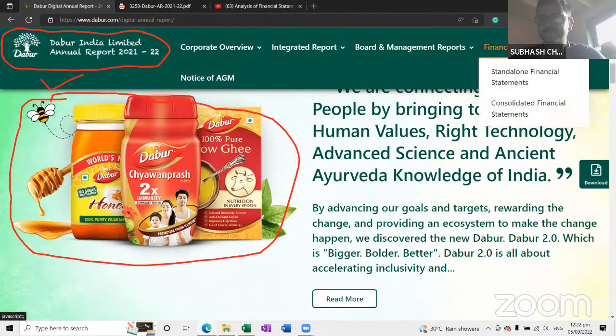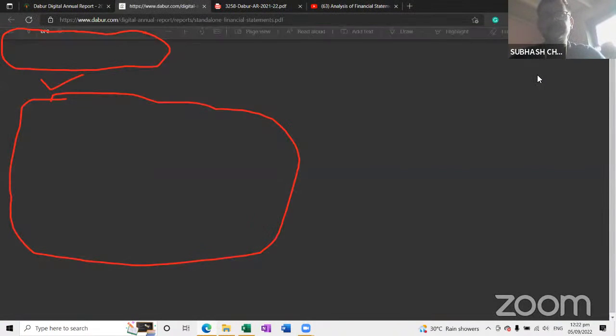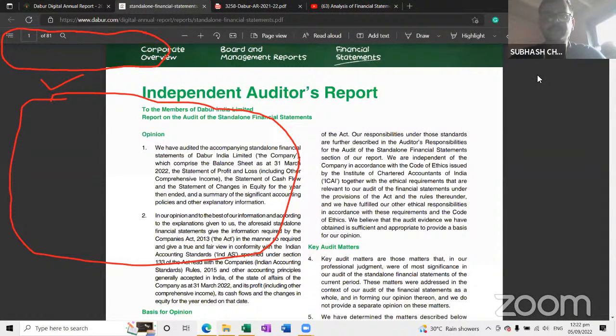Financial data are there, assets are there, liabilities are there, notes are there, everything. But other than that, multiple things are there, and that is very useful to us.